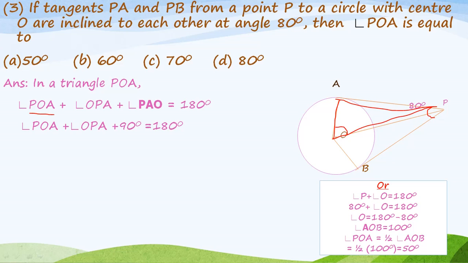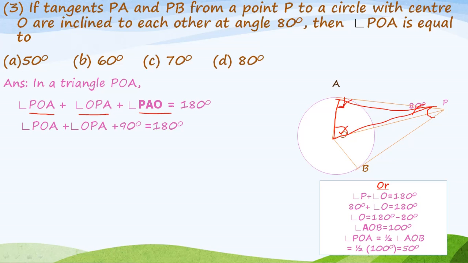Angle POA plus angle OPA plus angle PAO is equal to 180 degrees. Already we know that angle A is equal to 90 degrees, because the radius is always perpendicular to the tangent.